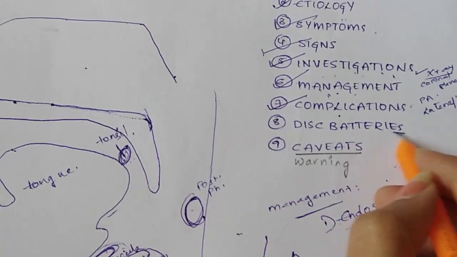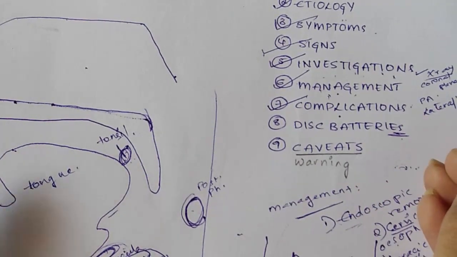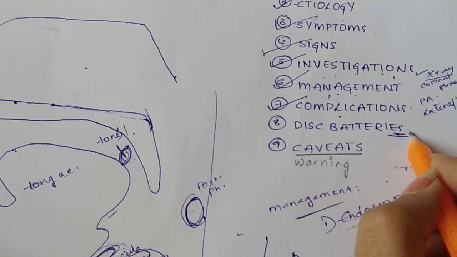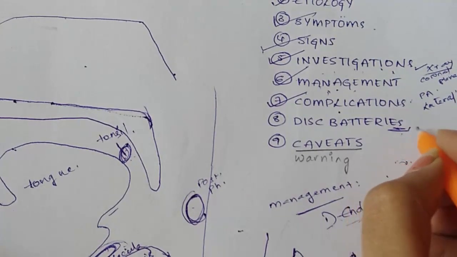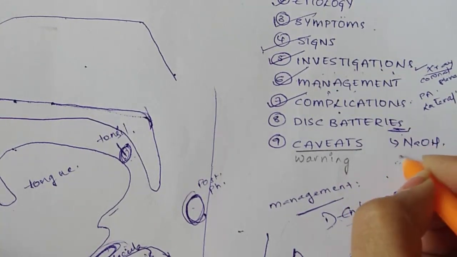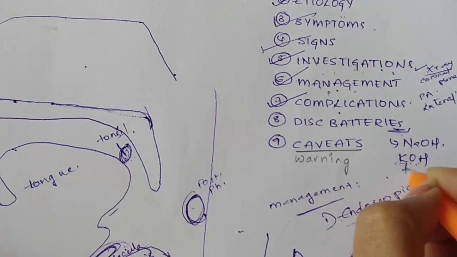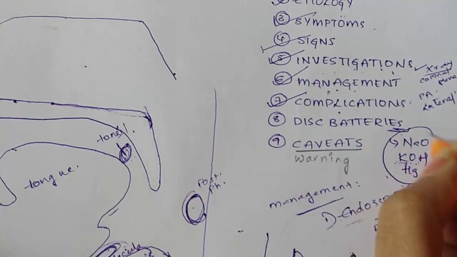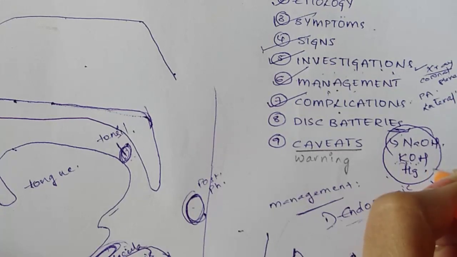What if children or some people engulf disc batteries? What happens if they engulf disc batteries? In these disc batteries there will be sodium hydroxide or potassium hydroxide or mercury. These three things are too dangerous for the esophagus.